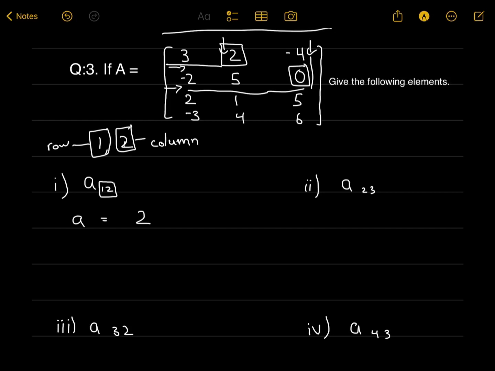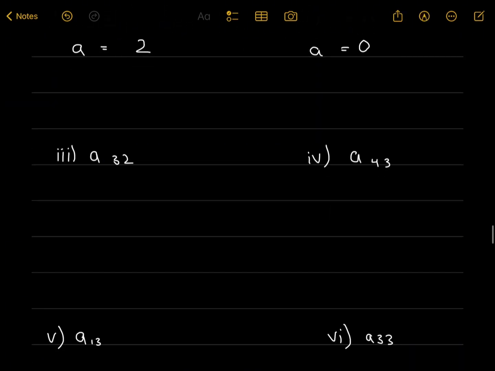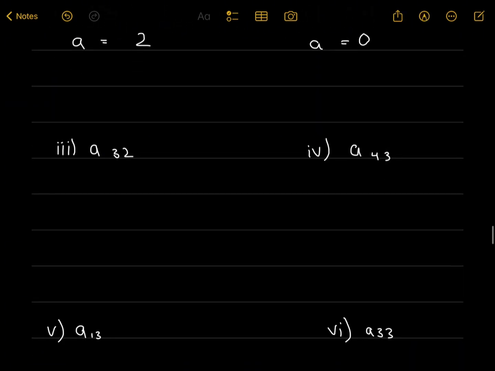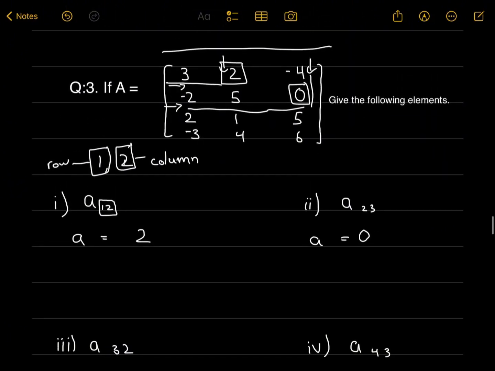So a23 is equal to 0. The next part 3 says a32. So a32 is a number in the third row and second column.